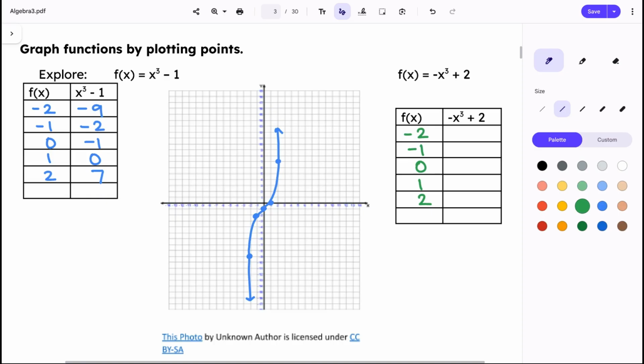What do we get for those? 10, 3, 2, 1, -6. Everyone got that?